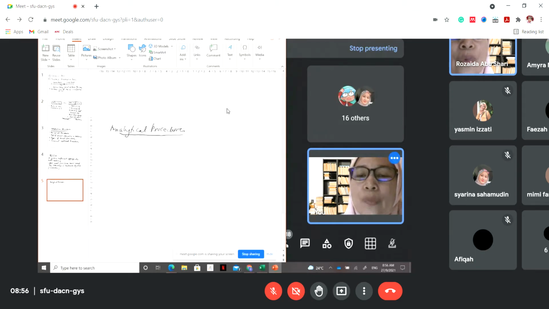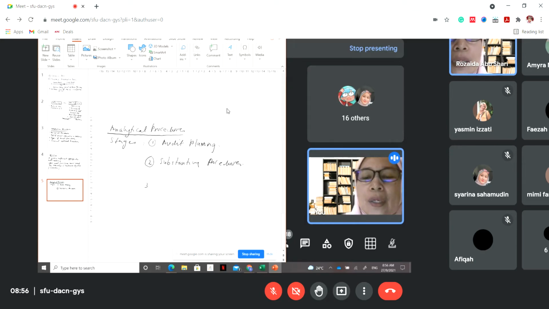Okay, how many stages can you perform the analytical procedures? Stages. First, during the audit planning. Second, during the substantive procedure. Forgotten already.